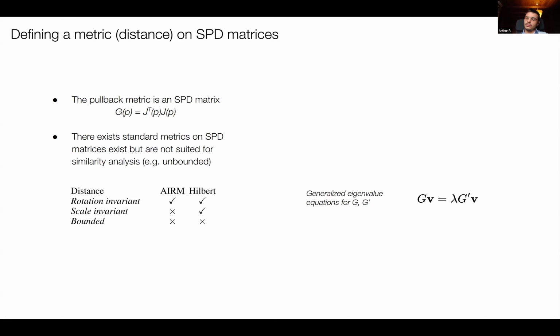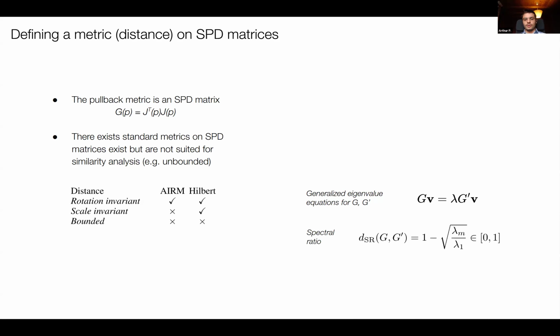So instead, we'll define a new measure of distance between SPD matrices, and the way we are going to do that is via a generalized eigenvalue equation. Why generalized? If G prime is the identity matrix, you recover the usual eigenvalue equation. But in general, G prime is not the identity matrix, and so we can find the vectors and scalars lambda that satisfy this generalized eigenvalue equation.